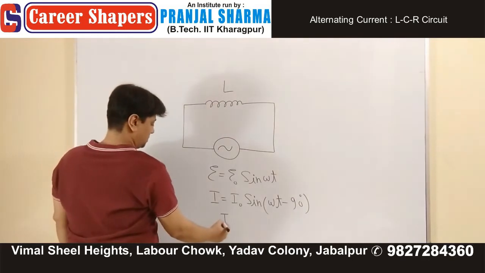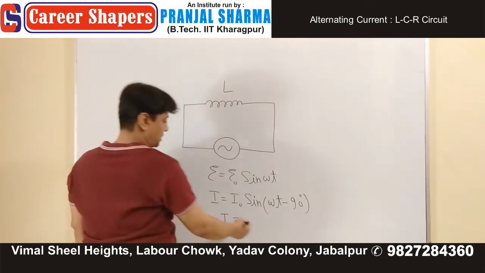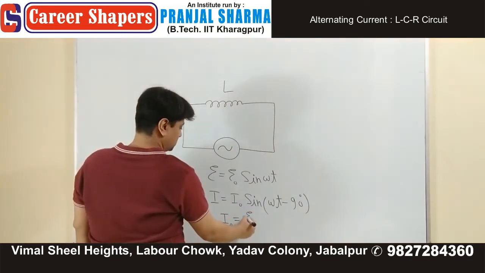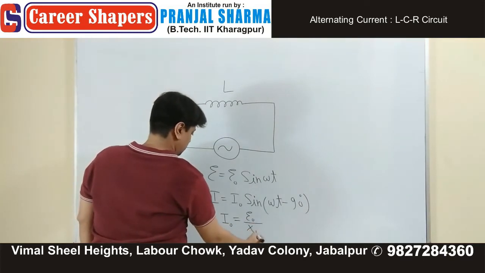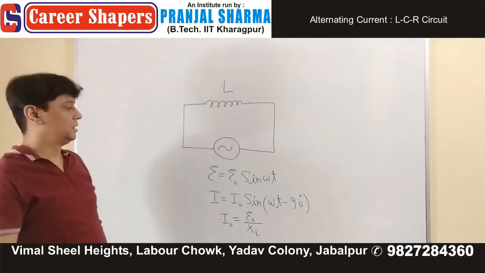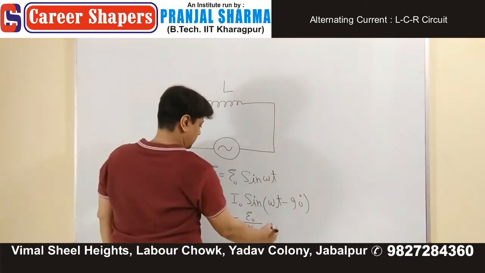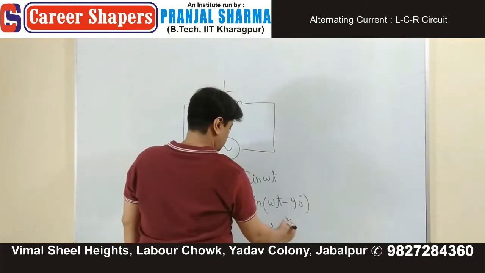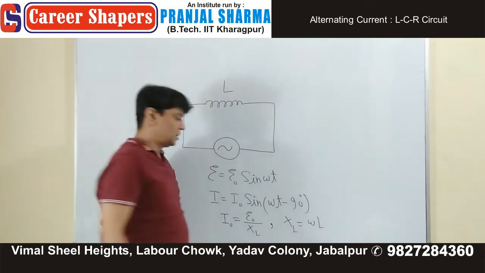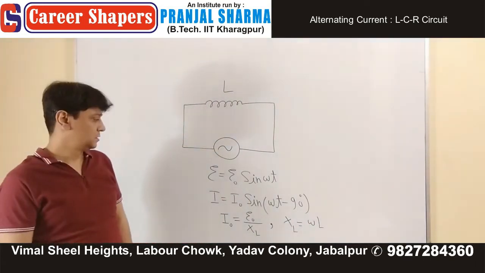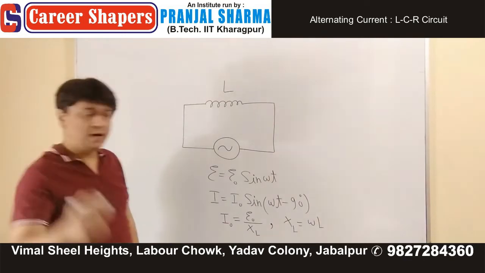This I naught is the peak current and its value is E naught divided by XL. And what is XL? XL is the reactance offered by the inductor, which is omega L.